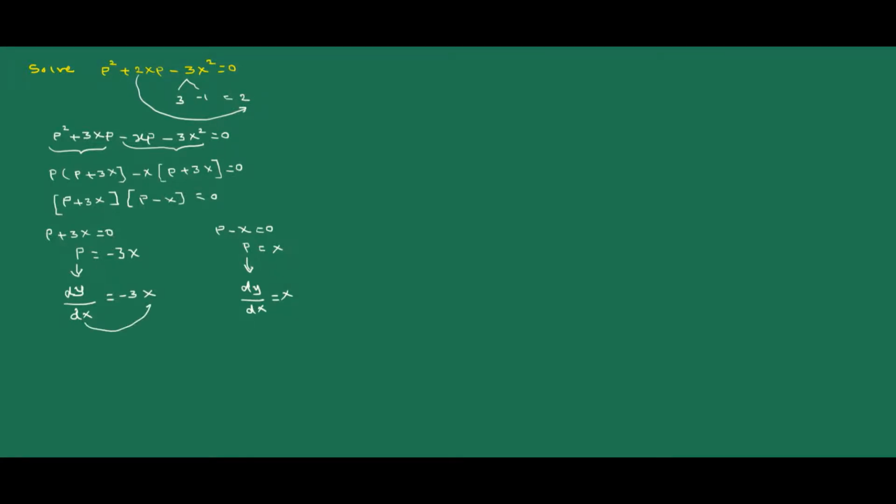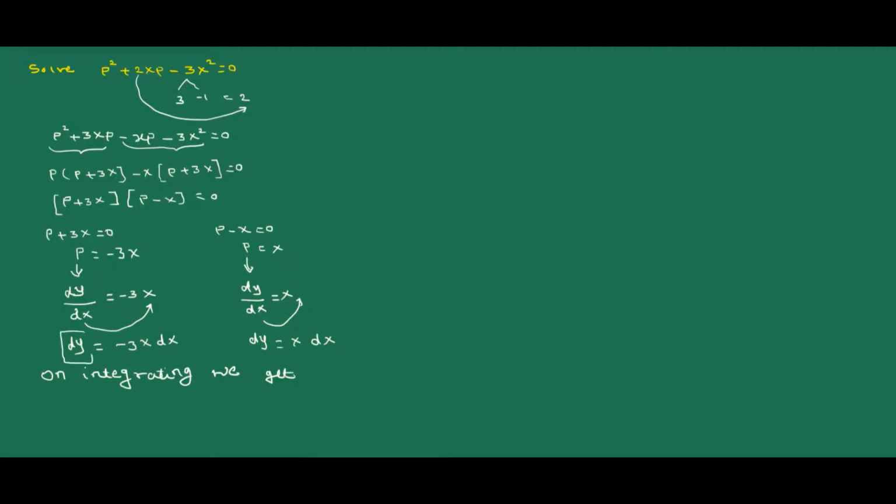Separating the variables, transpose dx to the right hand side. dy is equal to minus 3x into dx, and here we can write dy is equal to x into dx. On integrating, what do we get?